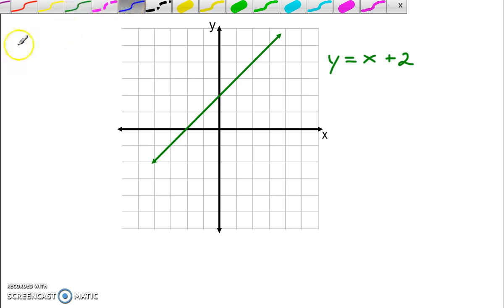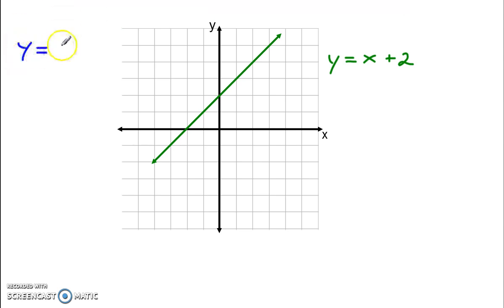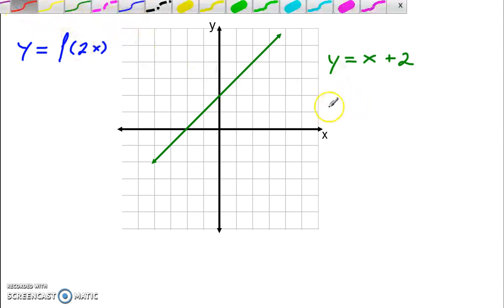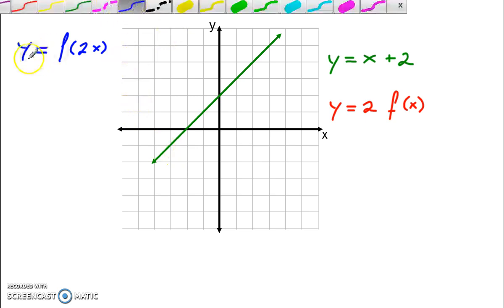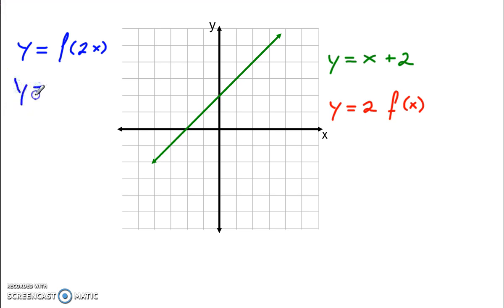All right, so we want to look at a couple situations. What does it look like if I have y equals f of 2x, and then what does it look like if I have y equals 2 times f of x. If I'm multiplying just the x, I'm replacing x with 2x, plus 2.